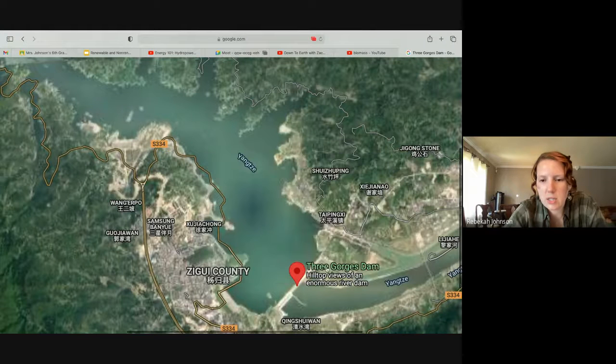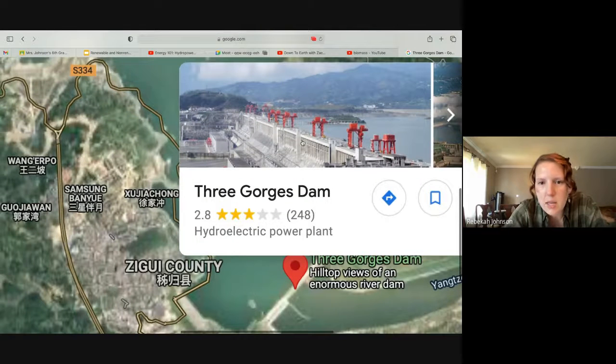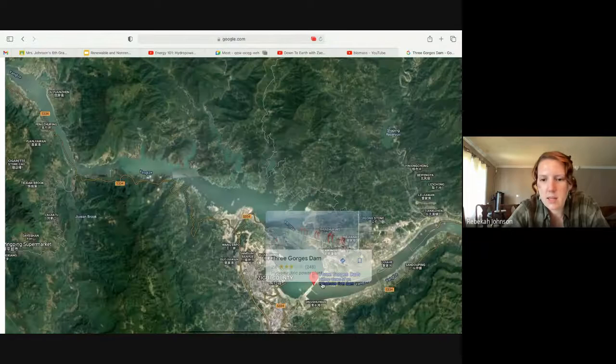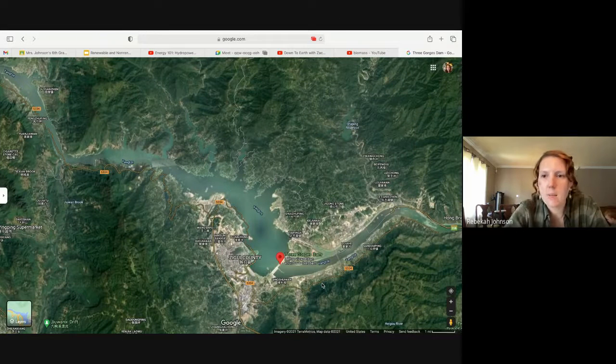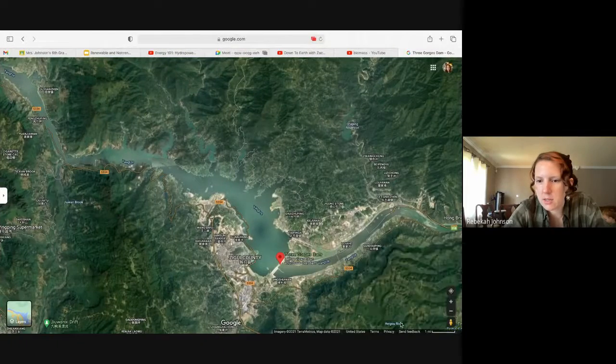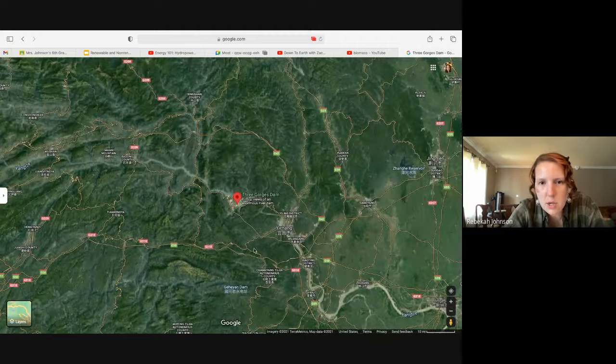Now, if we take a look here, we can kind of go in a little closer and look at the actual dam. You can see this is just a massive, massive structure. Now, one of the kind of dumb things about this is this area of China in particular. This dam is built directly on a fault line, or very close to a fault line. So there is a tectonic plate that runs kind of through here, not far off, and this area is prone to earthquakes.